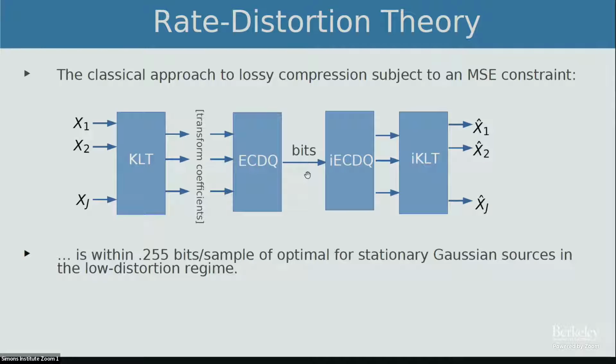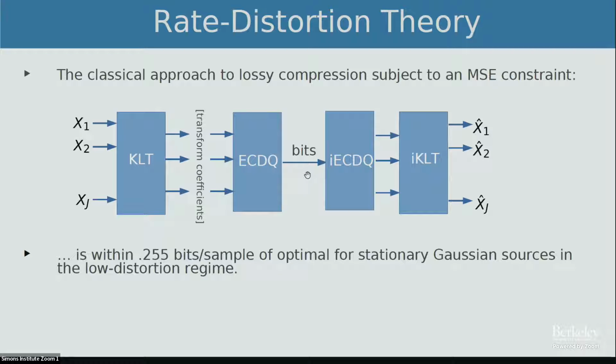This overall architecture has an optimality result behind it. It's within a quarter bit of optimal if the source is stationary and Gaussian, which is a big if, but at least it has that result. It's also an asymptotic result: low distortion, high rate, stationary Gaussian, mean squared error.